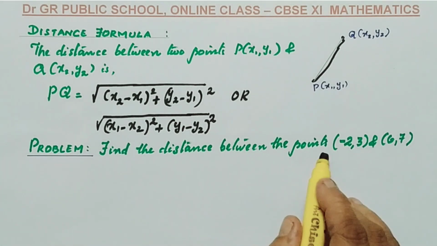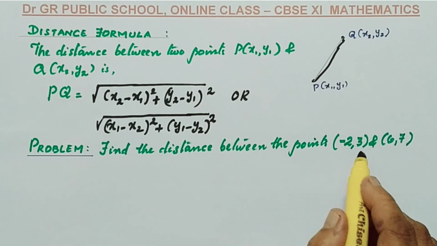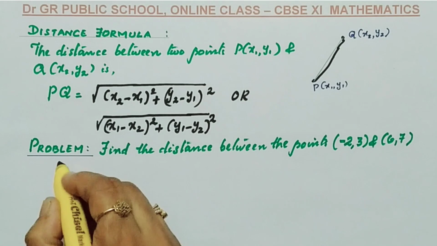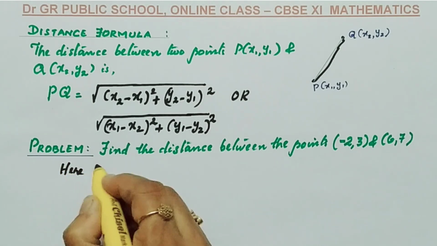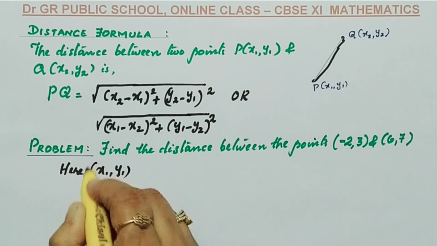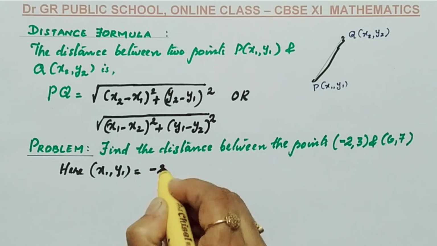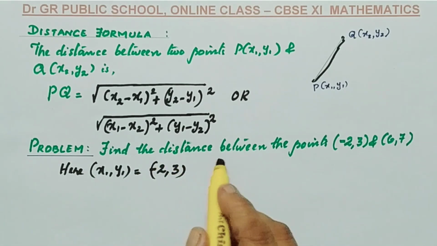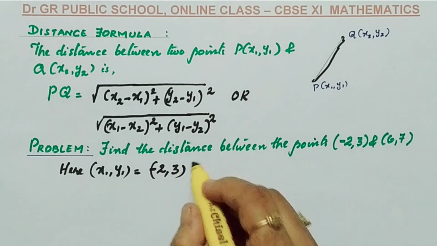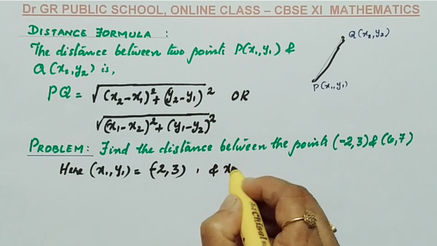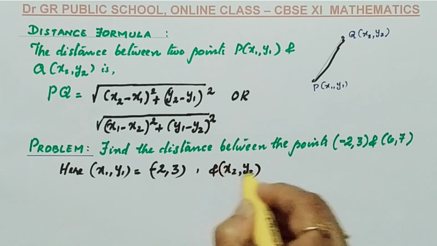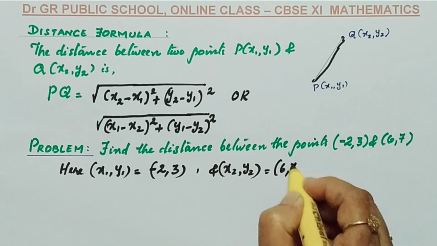Find the distance between the points (minus 2, 3) and (6, 7). Here x1, y1 equals minus 2, 3, and x2, y2 is 6, 7.